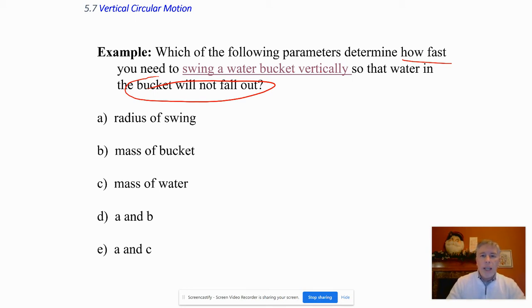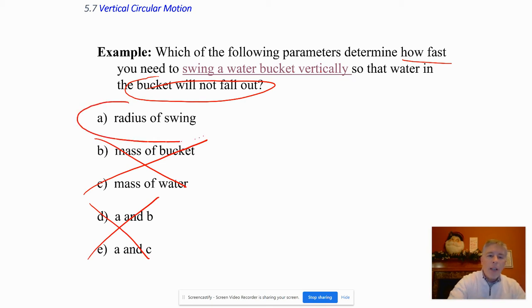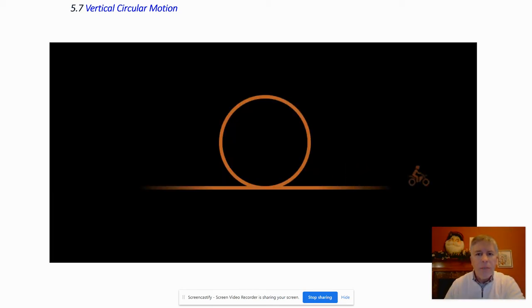If I just had to make an educated guess, I would guess it's not going to be the mass of the bucket or water, which means it's not going to be D or E, and it's probably just going to be the radius of the swing, which is kind of amazing. I think about it, if I had a longer swing, I would probably have to spin it faster to get it to go around in a circle and stay on there. I suppose that makes sense to me.